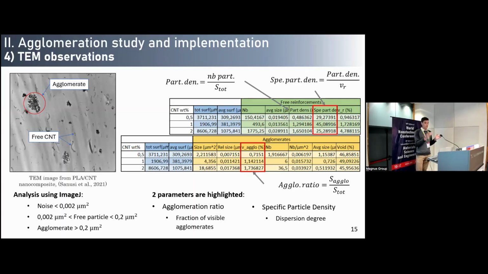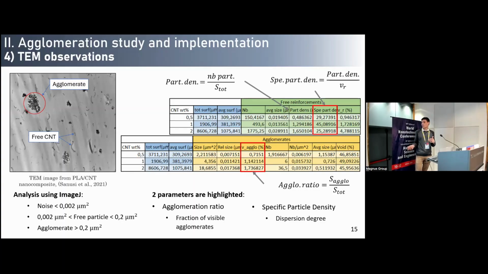Then particles between 0.002 micrometers and 0.2 micrometers were considered as free particles. Finally, particles bigger than this were considered as agglomerates, because it's pretty difficult to determine all the agglomerates from just the microscopic image. So we determine this parameter to differentiate free and agglomerated particles.